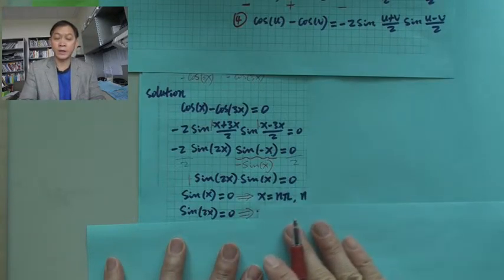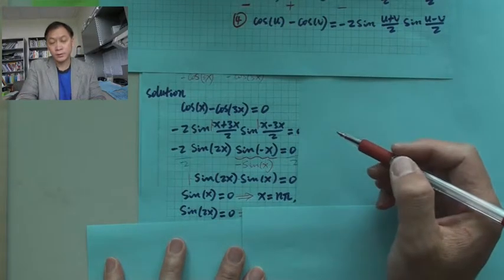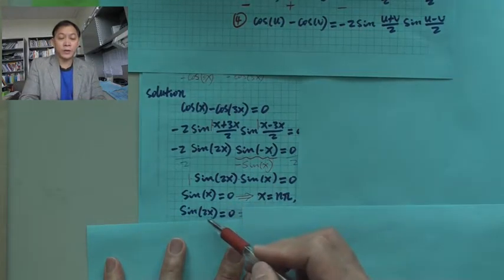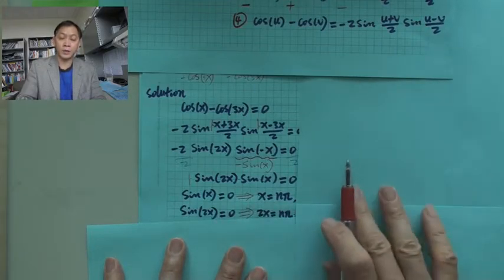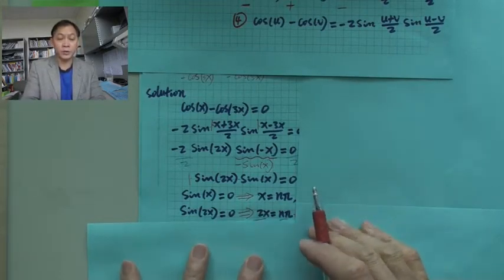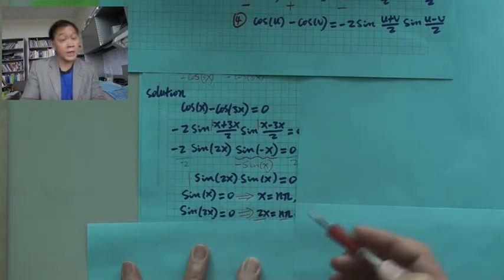That's why we write x equals n pi. Similarly for 2x, 2x should also be n pi, for the same reason: 2x can be 0 degrees, 180 degrees, or 360 degrees, or can be a negative number.